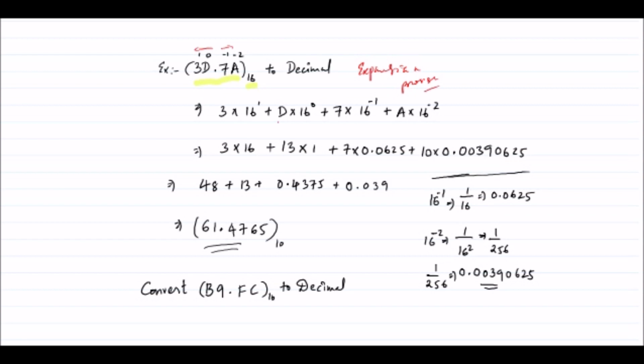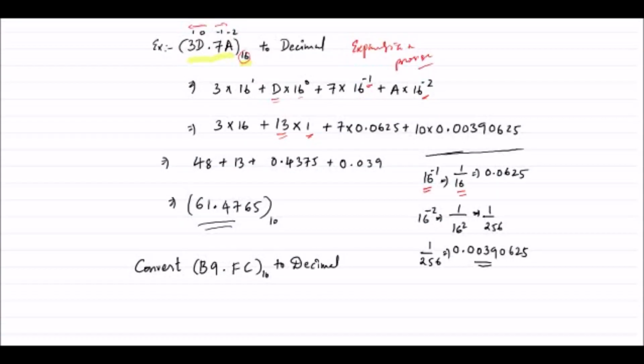So 3 into 16 power 1 plus D into 16 power 0 plus 7 into 16 power -1, the fractional value of the radix 16, and A into 16 power -2.